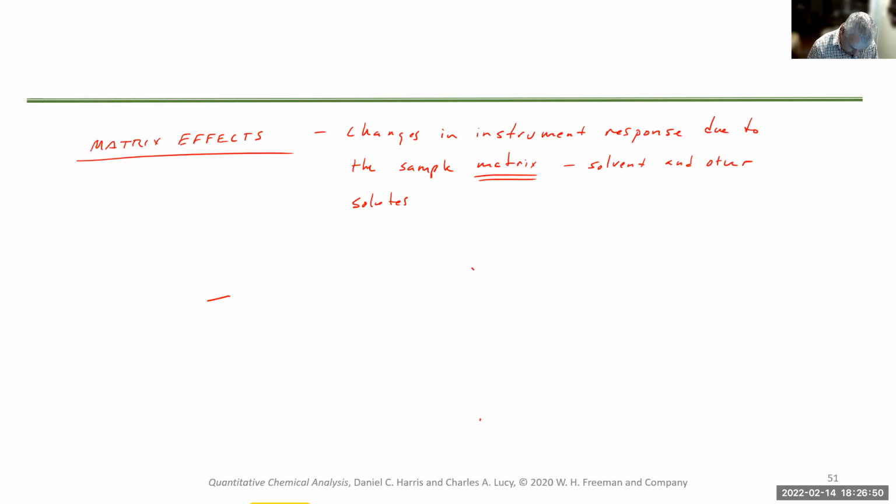So the solvent and other solutes can affect the response. It's like if you have a calibration plot, signal versus concentration of your analyte A, it might look like this when it's done in, say, 1% nitric acid, but it might be more like this when it's done in, let's say, seawater.